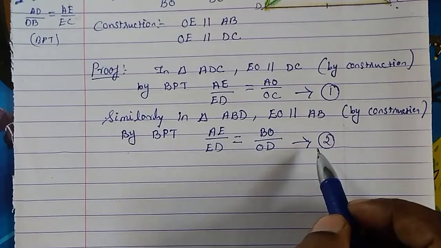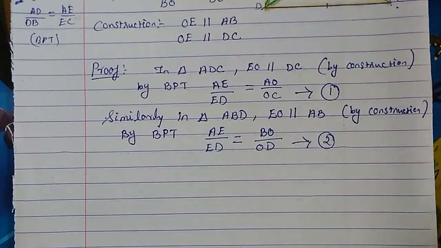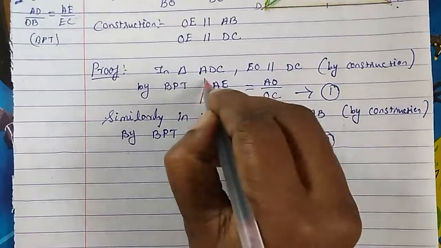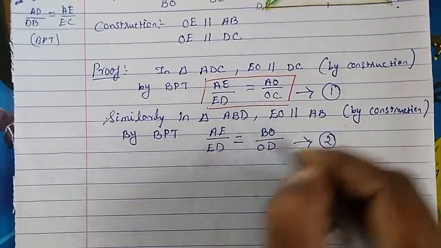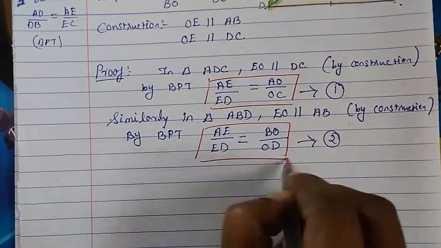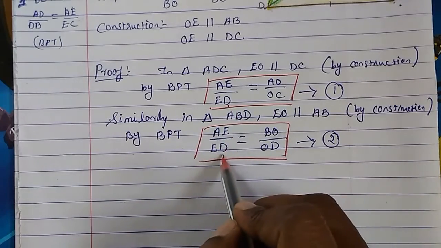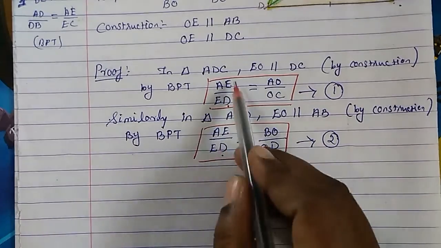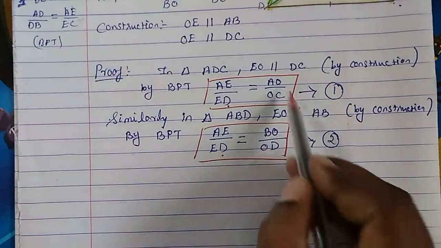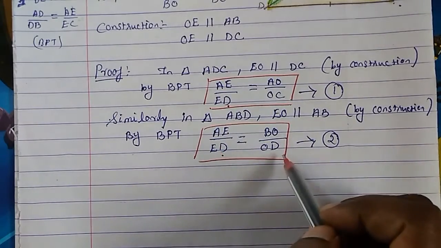So now look at equation 1 and 2. This is our equation 1. This is our equation 2. You see here AE upon ED. Here also AE upon ED. Okay, so both are the same. So if the left side is the same, the right side must also be equal to each other.